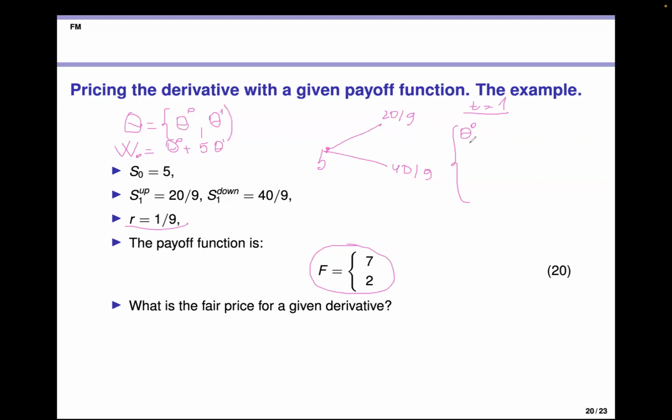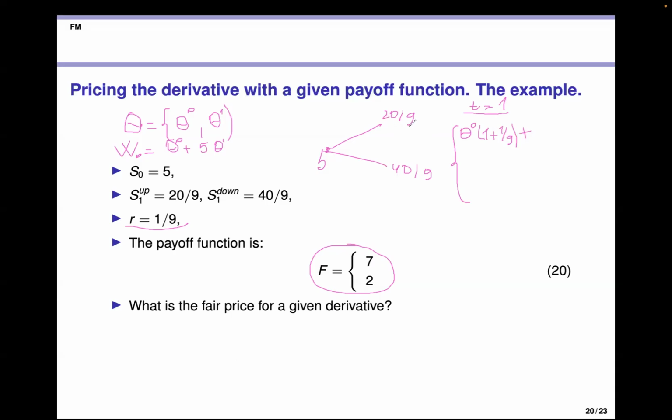So the first equation is theta 0 multiplied by 1 plus r plus theta 1 multiplied by 1 plus up. r we know is 1 divided by 9, so we can substitute it. It's the up scenario. With your cash, it will be this. What about the stock?